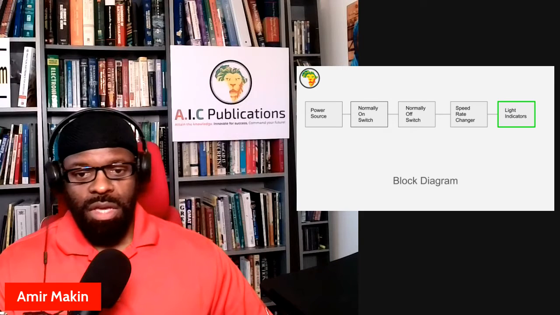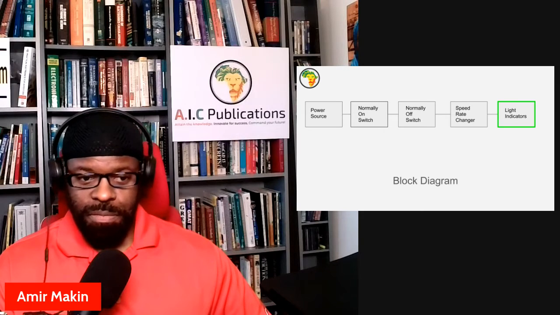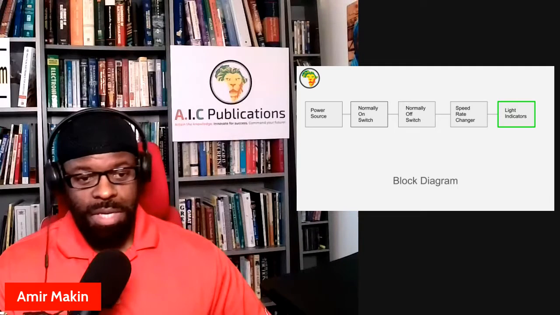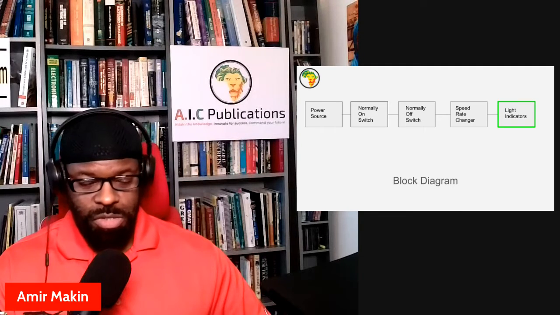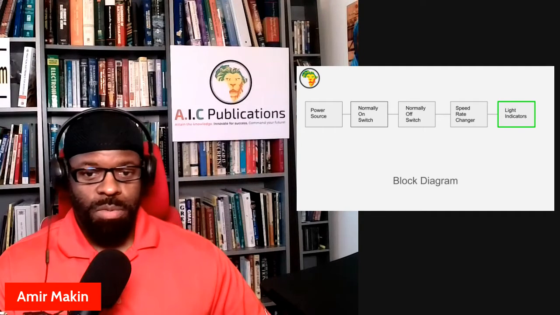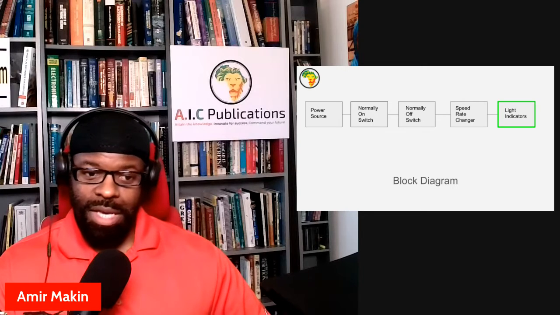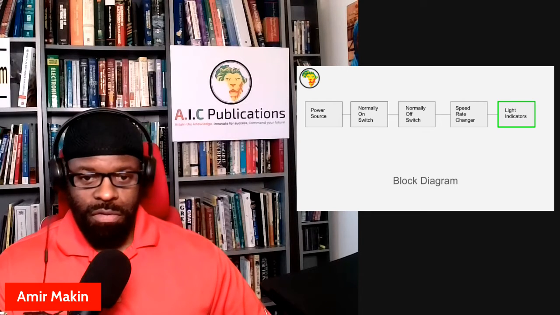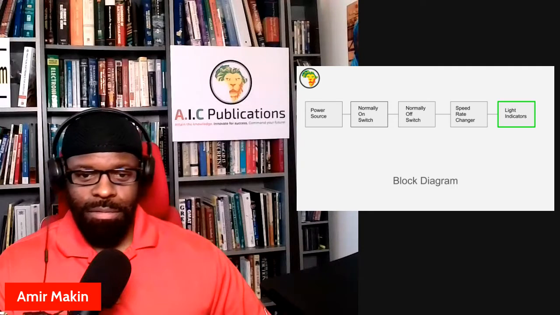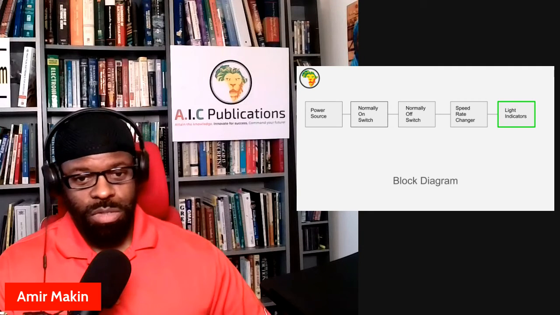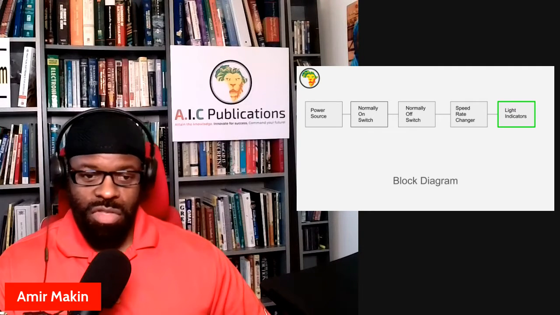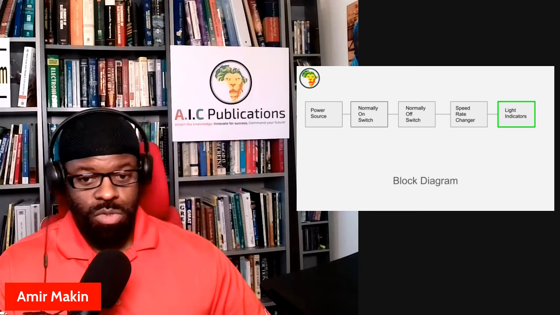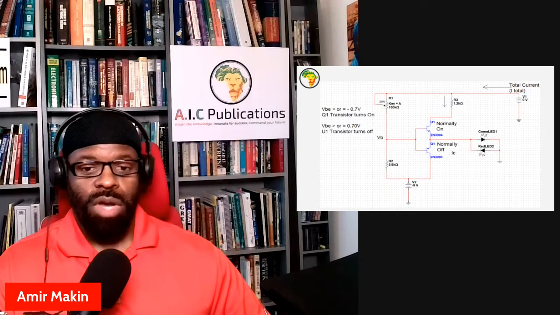Then we're going to have a normally off switch, which is the PNP transistor that we're demonstrating the functionality of. Then we'll have a normally on switch, which is the NPN transistor. All of that would be meaningless without a power source. And in this application, we're actually going to have two power sources. And I'll explain that right now.